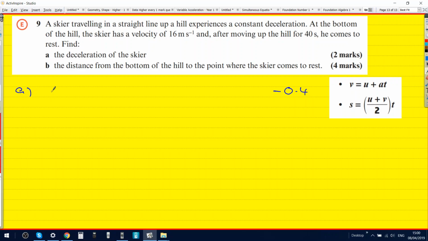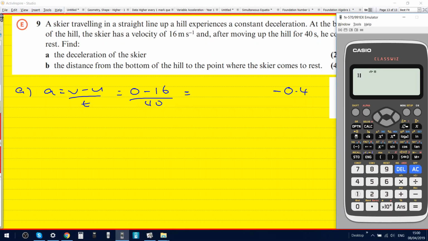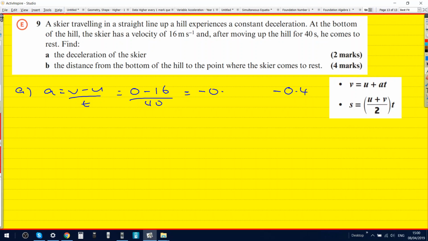B, distance. S equals 8 times 40, so 320 meters.